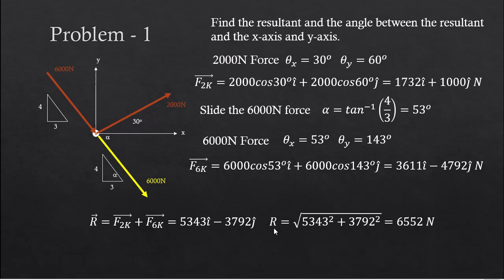And the magnitude of the resultant is the sum of the squares of the components, and then you take a square root. So we get 6552 Newton.